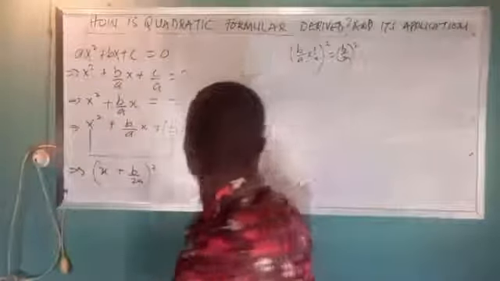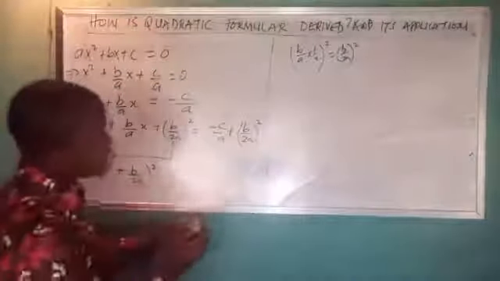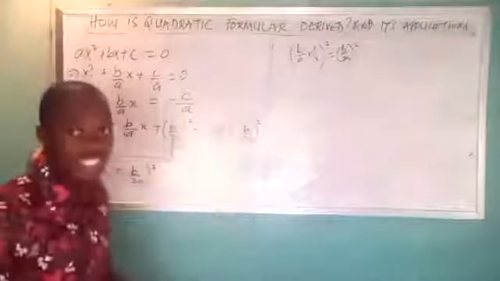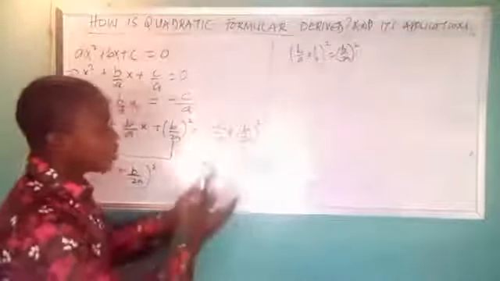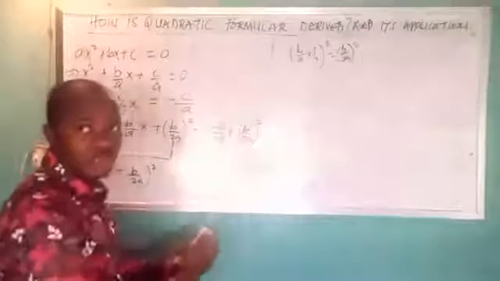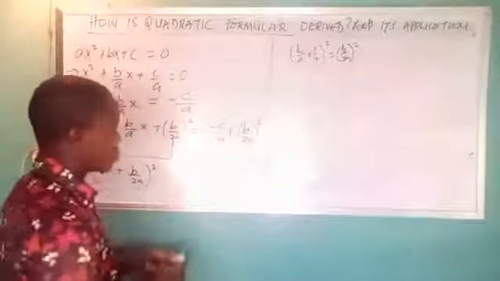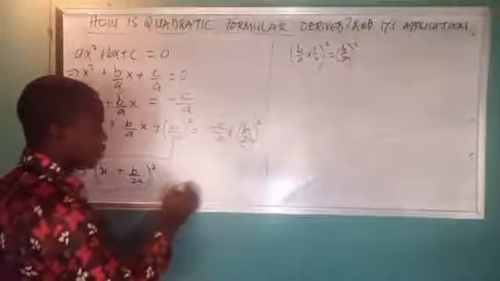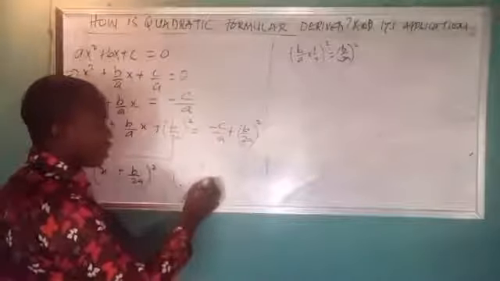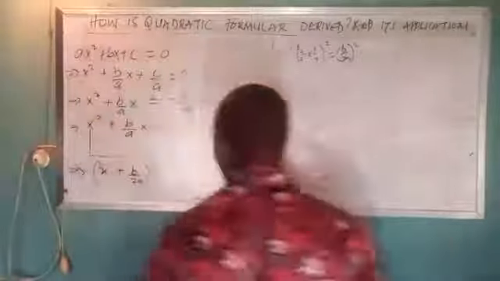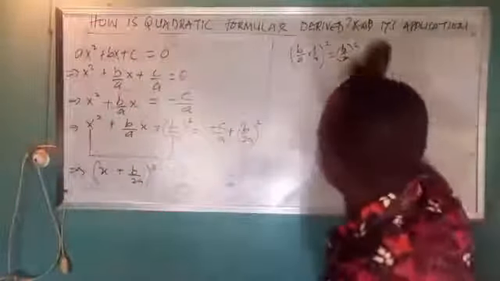It is equal to, this one, you can change the position of this, it doesn't change anything. You just want the positive value to be first. So you have b over 2a all squared minus c over a. We didn't change anything, it's still the same thing.